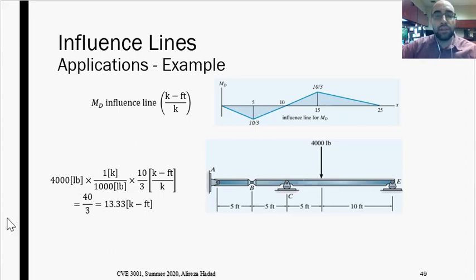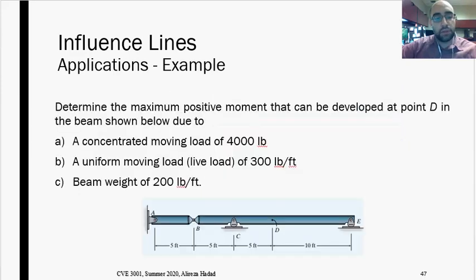That's how we could understand the maximum influence of a moving load or live load on the structure. And now I can design this beam based on this maximum influence that it can get from this moving load. So that was the first part of this question. The second part is asking about a uniform moving load of 300 pounds per foot. So instead of a concentrated load, now we are looking at a uniform load.